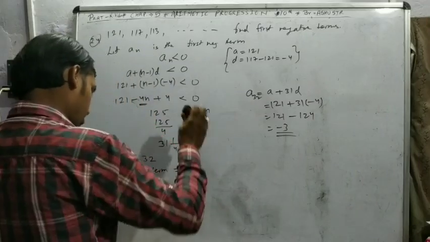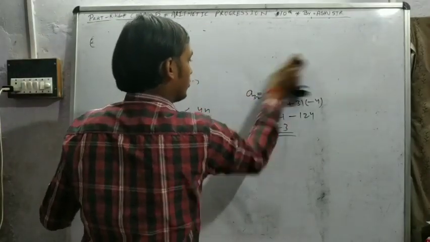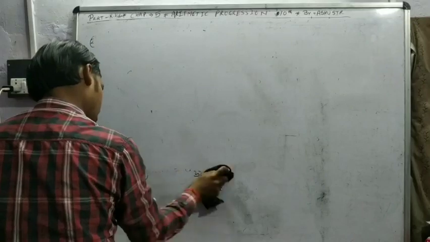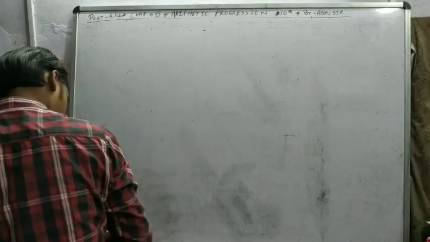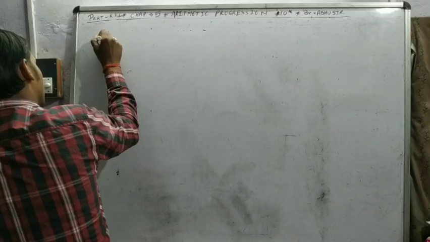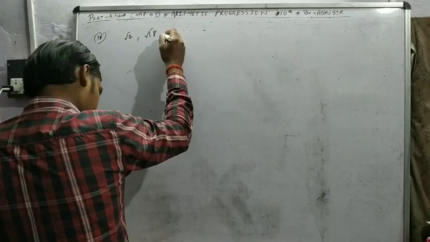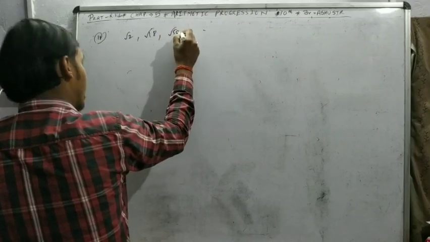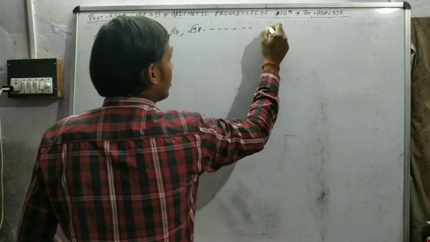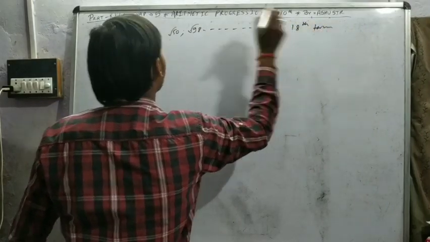Pause, and note down. The question is: root 2, root 18, root 50, root 98, dash. Find the 18th term.